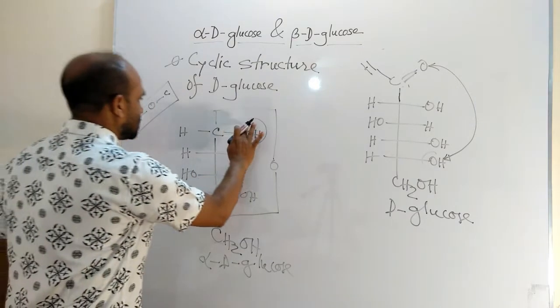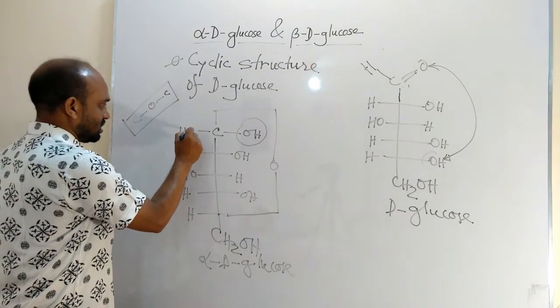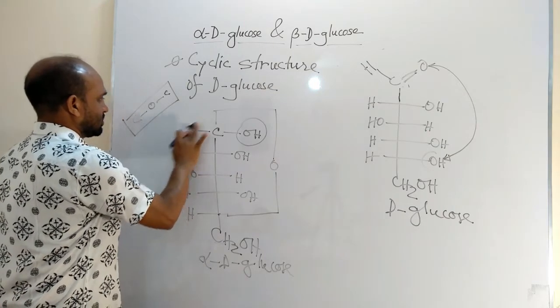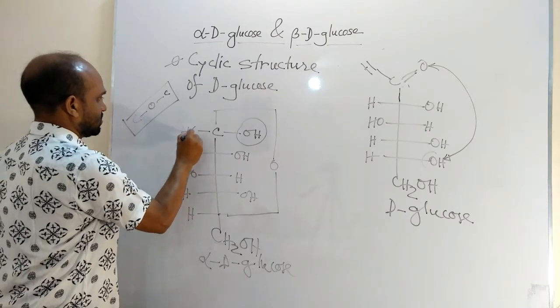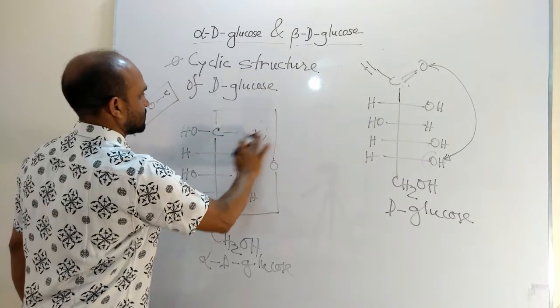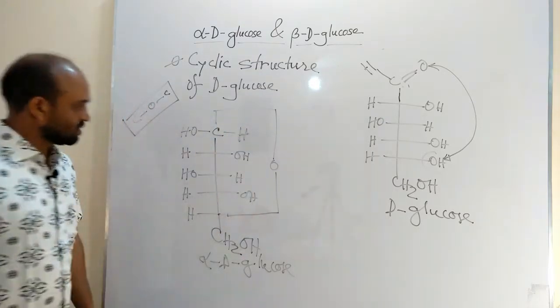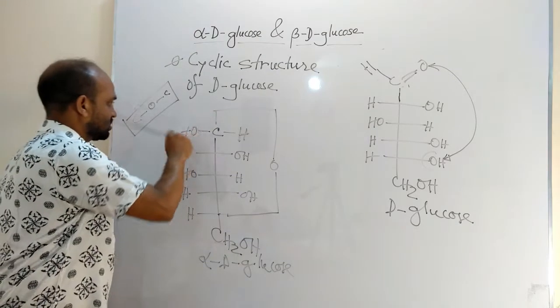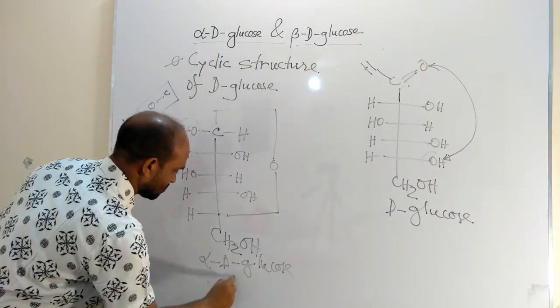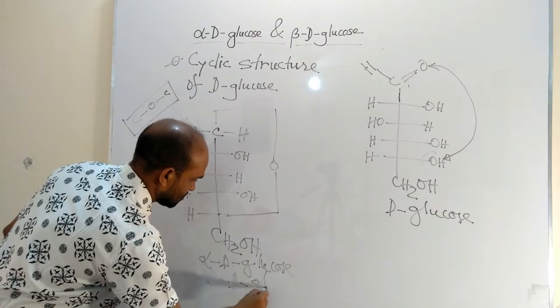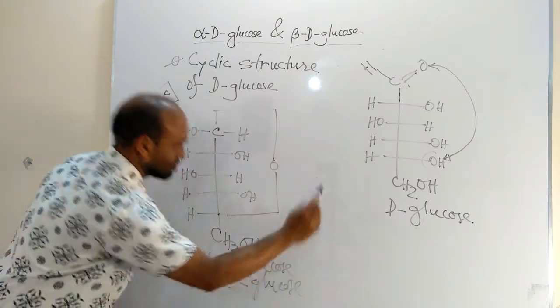When it will remain on the left side, then it will be beta D glucose.